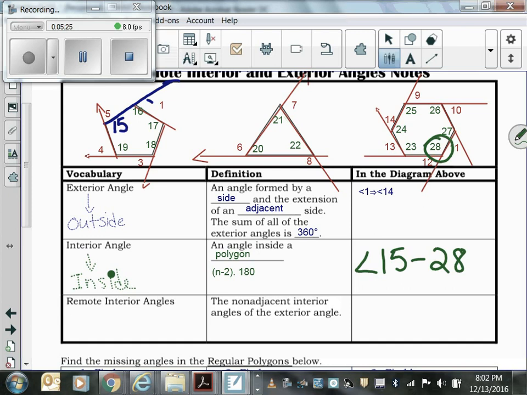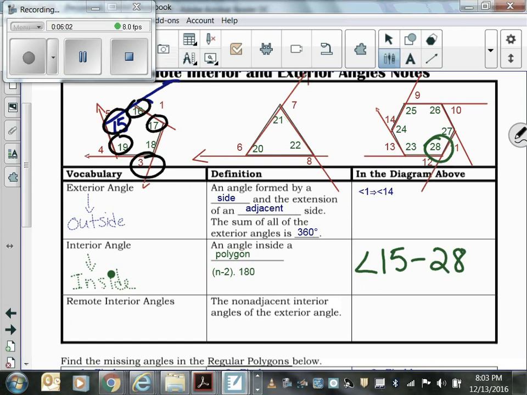Now, if you look down below, we have remote interior angles. Well, those are dependent upon the situation, right? We have multiple angles that can be outside. What it tells me is it's the non-adjacent interior angles of the exterior angle. So for example, if I go up into my picture and I look at, let's say, exterior angle number 3. Okay, I'm going to circle that. The non-adjacent interior angles there would be numbers 19, 17, 16, and 15.